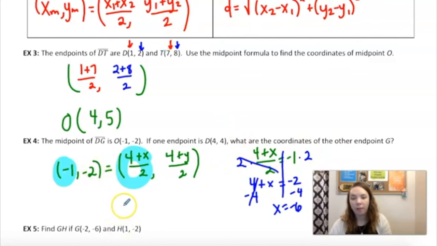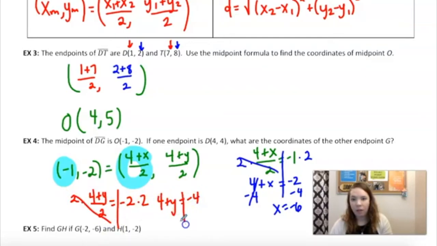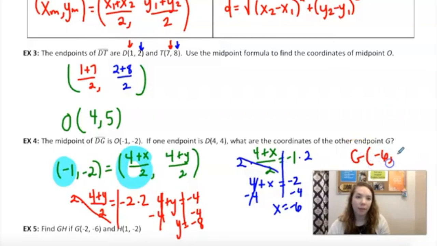So here we'll have 4 plus y over 2 equals negative 2. Multiply by 2, and then subtract 4. So in this case, y equals -8. So our endpoint G is -6, -8. You always do x and then y for a point.